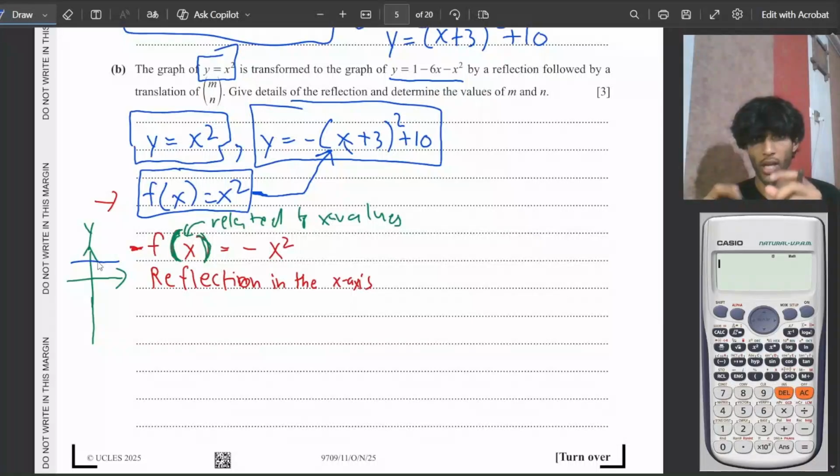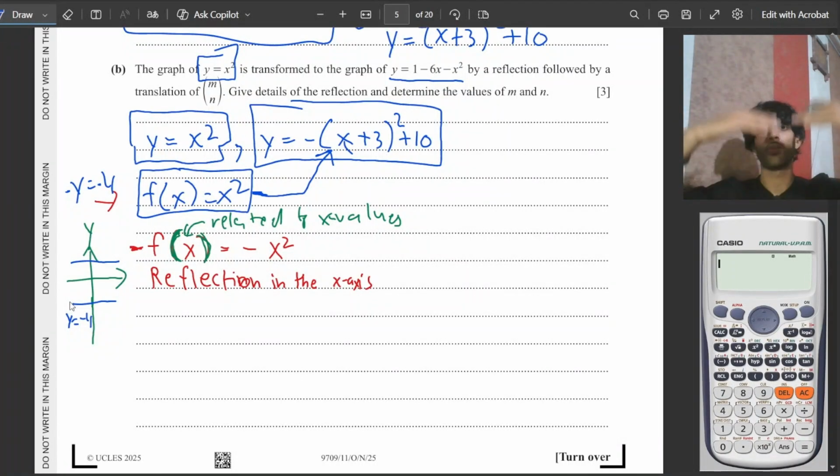This graph is basically y equals 4, right? If I put a negative sign next to the y, that means I put a negative sign with the 4. That means this graph is now going to be reflected, and it's going to be y equals negative 4. I basically take it from the top part and send it to the bottom part. Same is true for the bottom part. If this graph was in the bottom, I multiply it by the negative, and it goes to the positive.